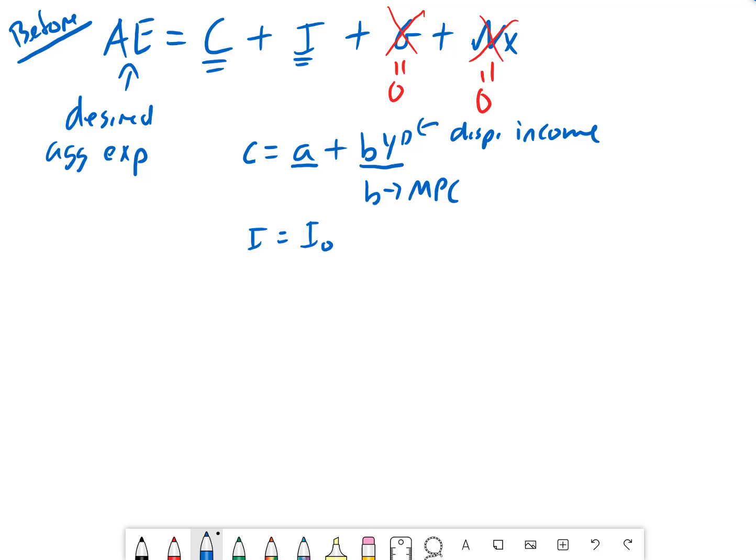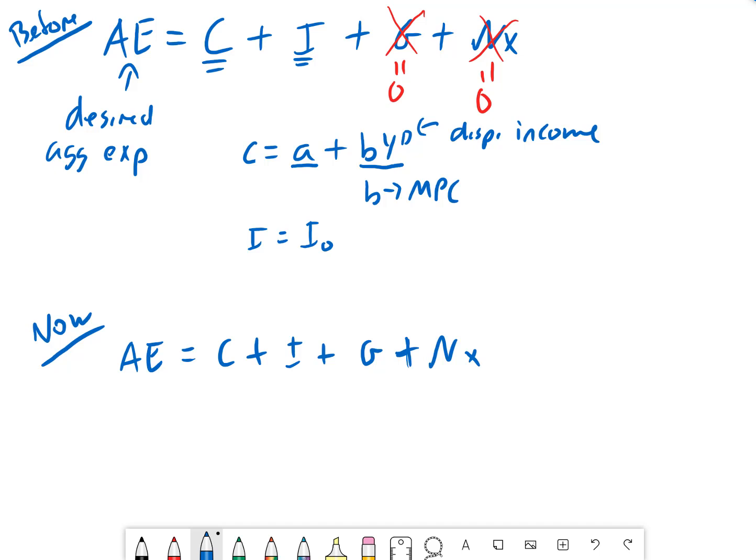So what we're thinking about now is we're trying to reintroduce these government expenditures and net exports. So instead of assuming they're zero, we need to think about their functional forms and what determines whether they go up or down.